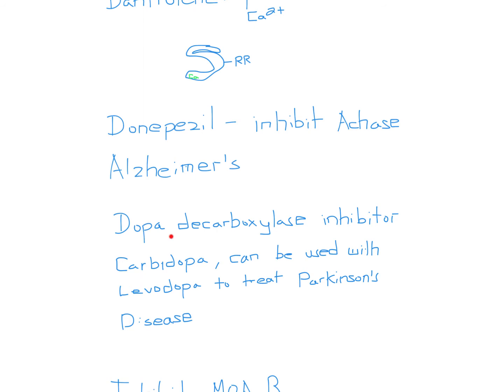Next one is dopa decarboxylase inhibitor. It can be a drug called carbidopa, and it can be used with levodopa. This is typically used to treat Parkinson's disease. In Parkinson's disease, the typical problem is low amounts of dopamine. You might think of dopamine as the pleasure hormone, and it is, but it's also associated with movement.